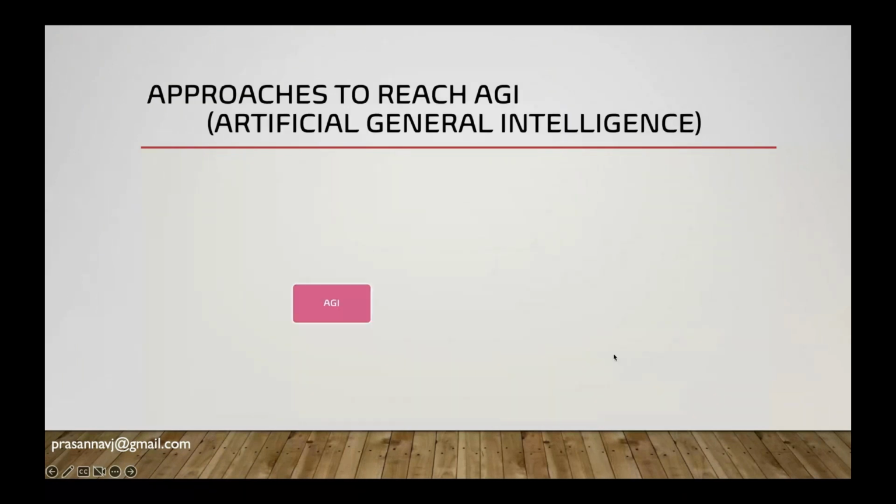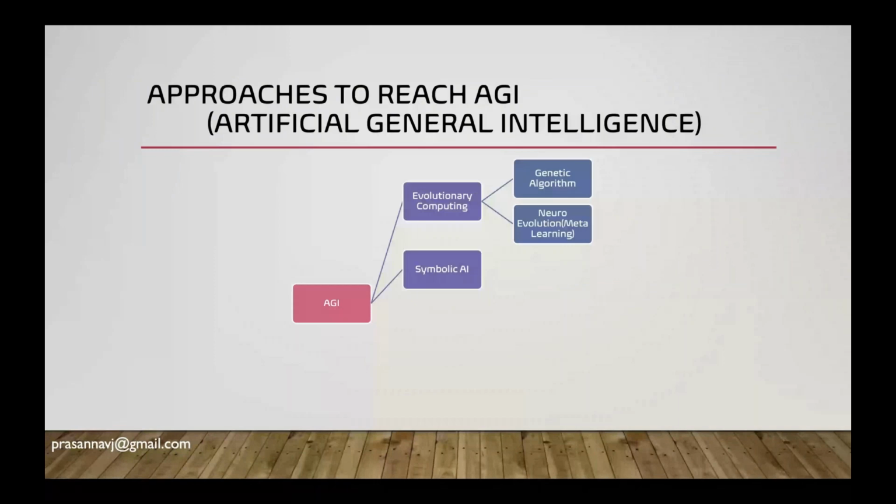What are all the different research initiatives which are going on? Whatever I'm going to present now is a very limited number. There are so many other research efforts going on. How do we reach artificial general intelligence? The first approach is the evolutionary computing approach, which uses genetic algorithms.